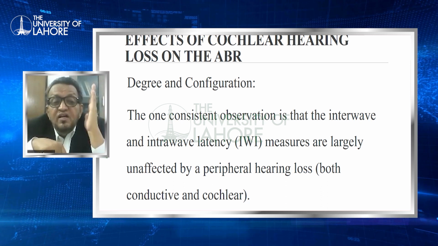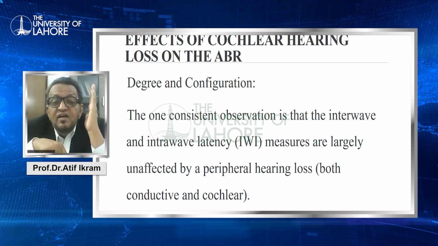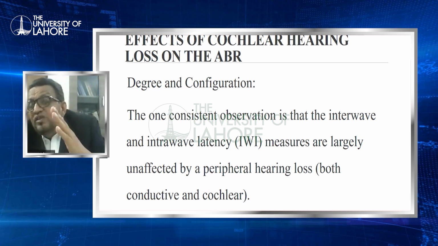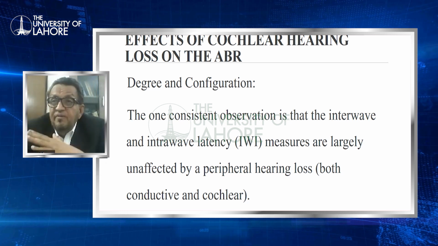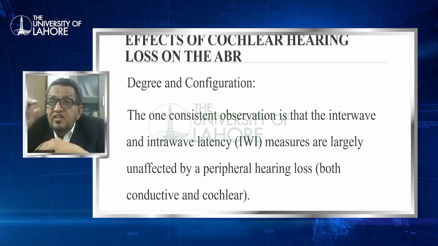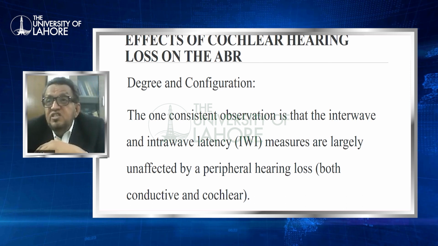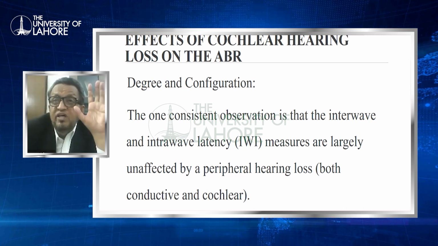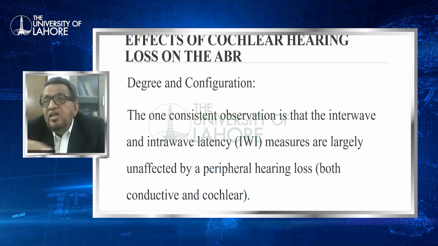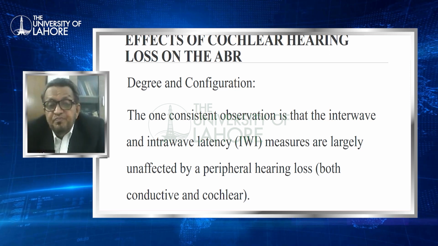Now, if we compare these wave latencies with the contralateral ear, they are called interaural wave latency differences. So intra will be within an ear, and inter will be between 2 ears.